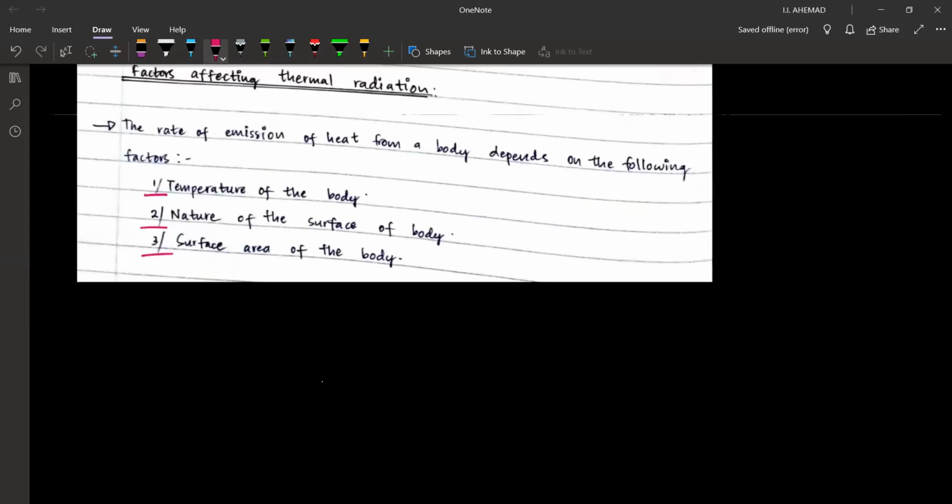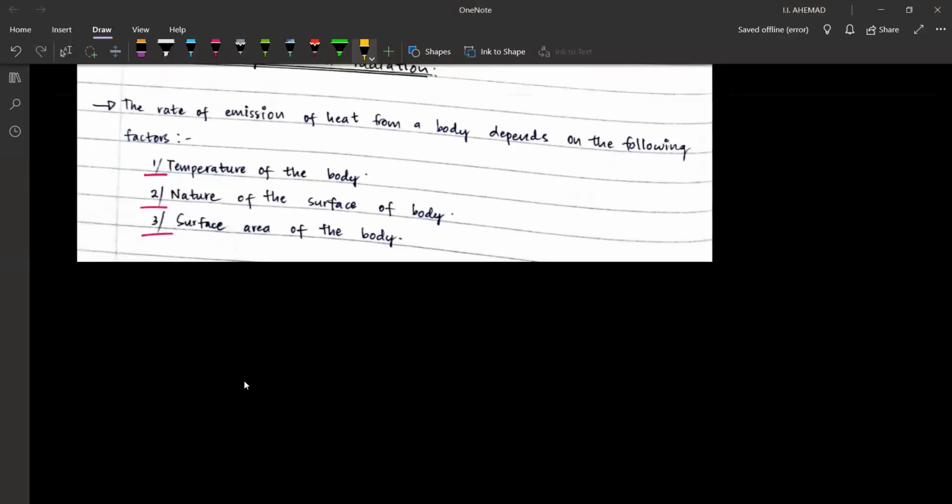Then, we can show that the rate of emission of heat depends on these factors by a very simple experiment.